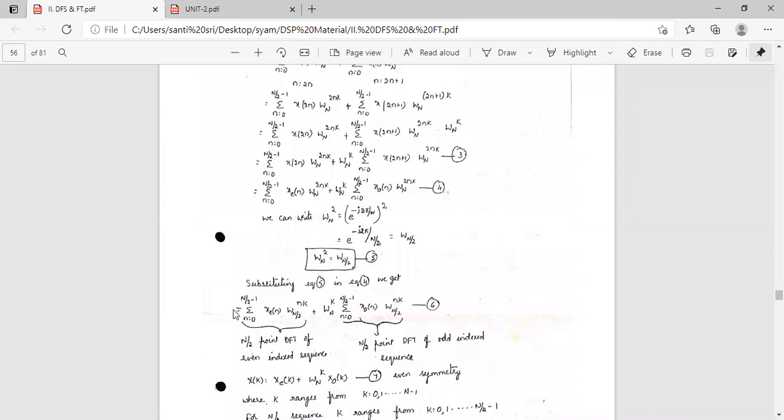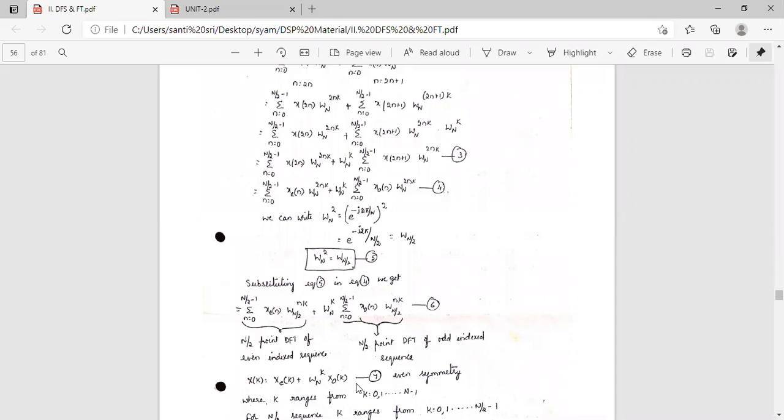So this first part is N/2 point DFT of even indexed sequence, and the second part is N/2 point DFT of odd indexed sequence. So we can write this as X(k) equal to capital X_e(k) plus W_N^k into capital X_o(k). That is even symmetry. This will be considered as equation number 7.